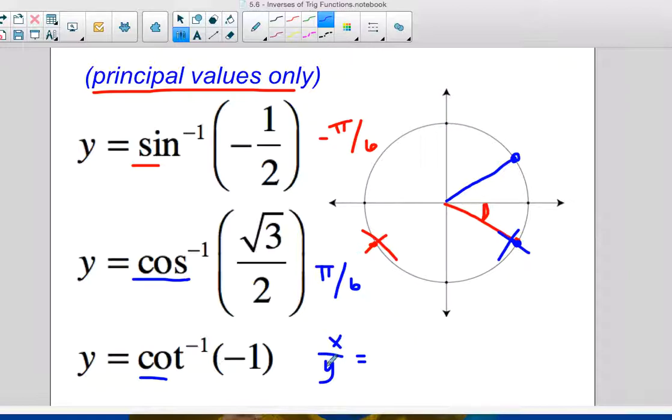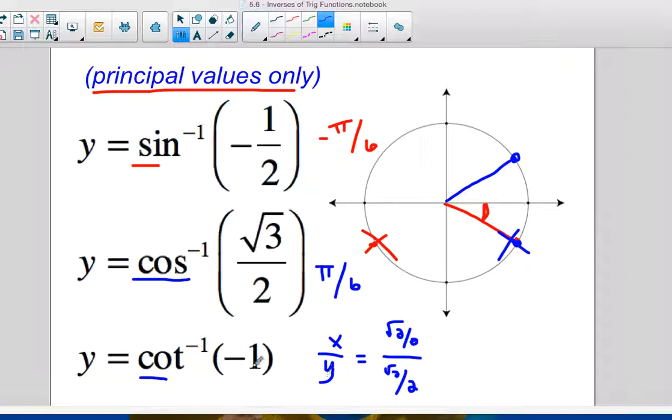You have to think about x divided by y giving you a value of -1. So it's got to be the same number divided by itself to give you a value of 1, and if that rings a bell, that's going to be root 2 over 2. So x is going to be root 2 over 2, and y is going to be root 2 over 2, because those coordinates go with each other.